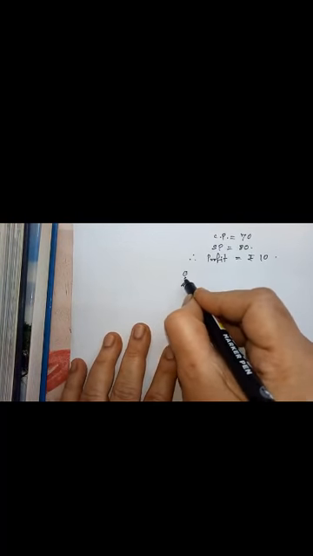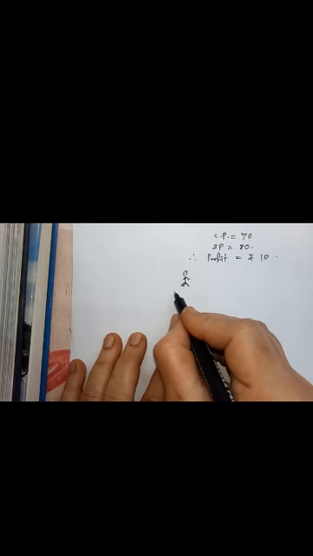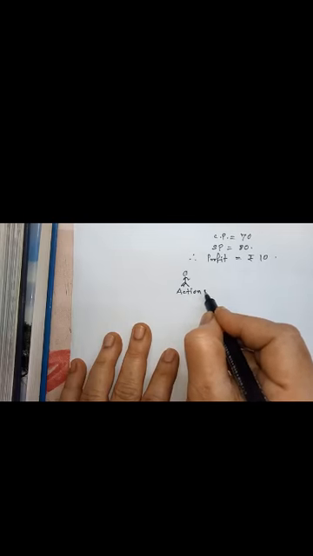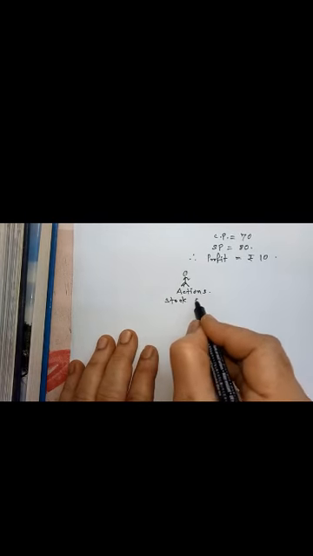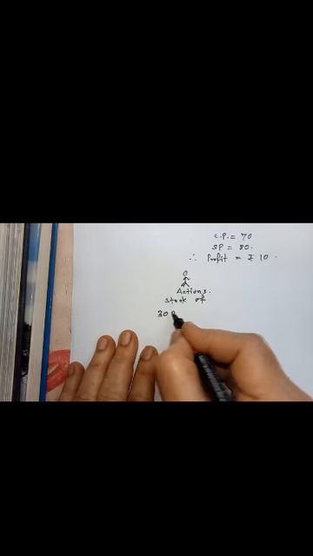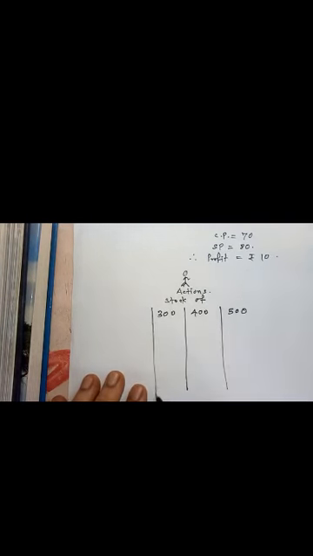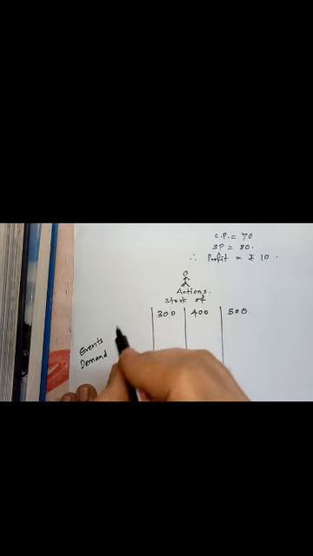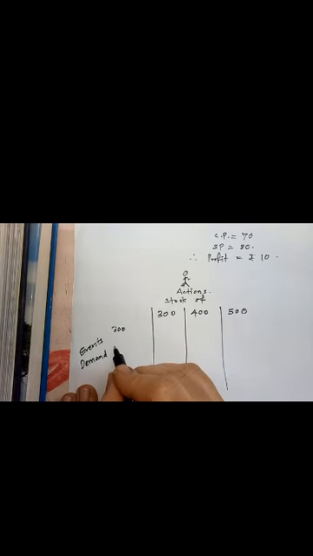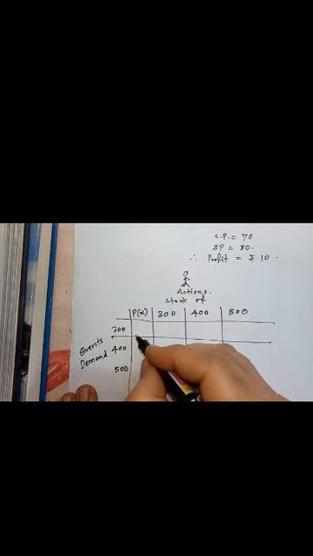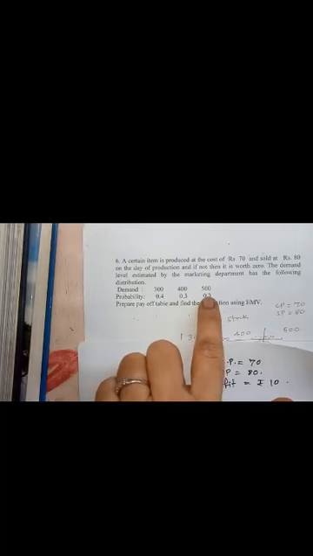So this is the shopkeeper or the vendor, and he has the actions as stock of either 300 units or 400 units or 500 units, whereas the events are the demand, which is again 300 units or 400 units or 500 units, and the probabilities for this are given as 0.4, 0.3 and 0.3.